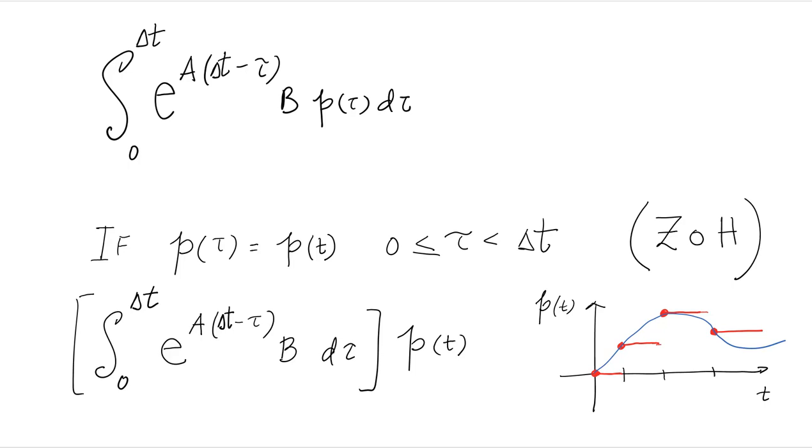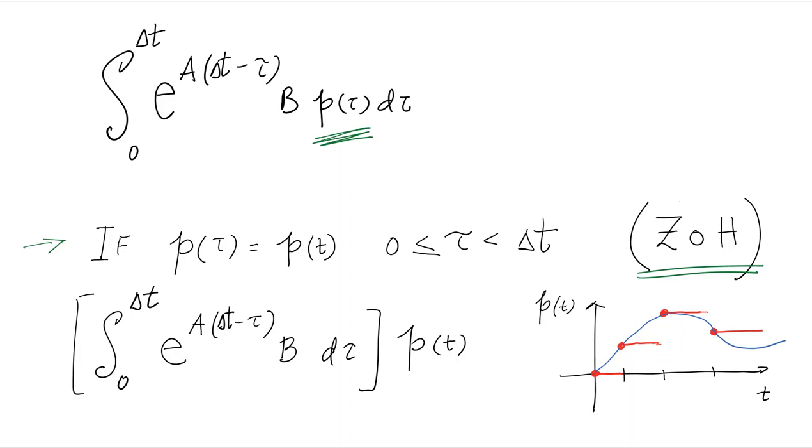The first step is to discretize or simplify the behavior of P of tau. So how does the input behave from 0 to delta t? The simplest way to do that is to use what is known as the zero order hold. That basically assumes that the load is constant between 0 and delta t in tau, which basically means that the load retains the same value that it had at the beginning of the step.